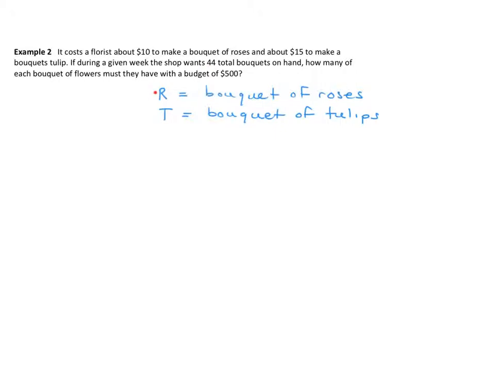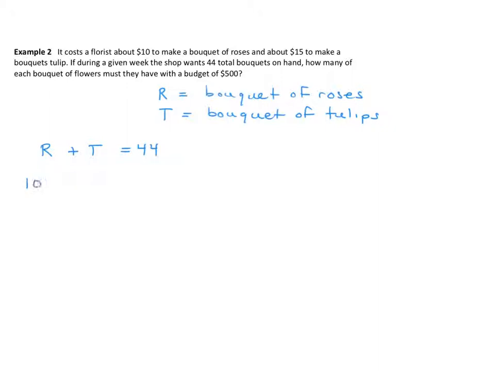If this is the one for roses and this is the one for tulips, what we get here as an equation is R plus T is equal to 44. I just don't know how many of each. The second thing is that their total budget to spend on these flowers is $500. Here we need to do something a little bit extra. If R is the number of bouquets for roses and it costs them $10 per bouquet, then 10 times R is the total cost.